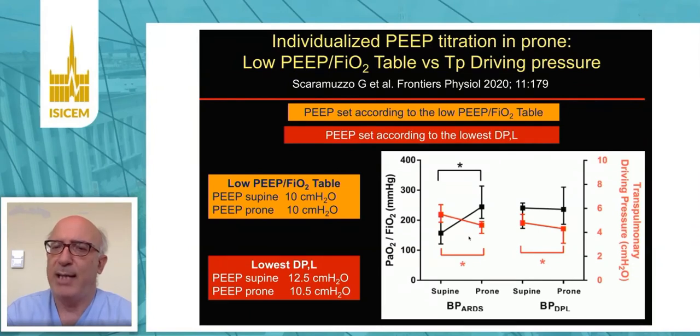On the other side, the transpulmonary driving pressure was reduced by using both the low PO2 table or the lowest driving pressure. So the improvement in oxygenation was higher in prone position when PEEP was set according to the low PO2 table, but not when set according to the driving transpulmonary pressure.